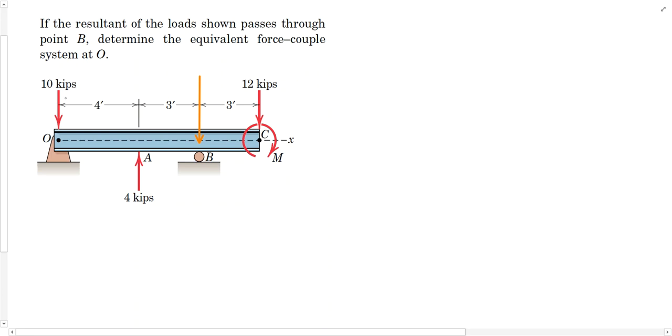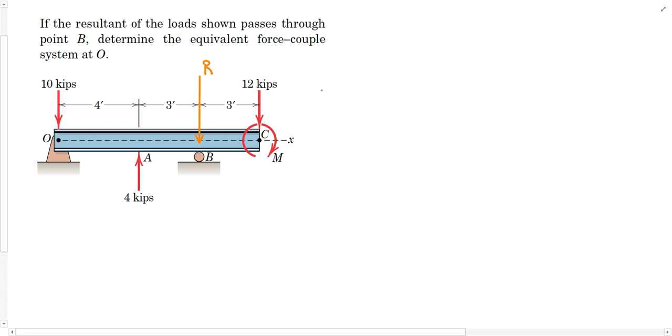And the equivalent to the downward 10 kip, the upward 4 kip, and the downward 12 kip loads, along with the applied moment, is a single force resultant that acts at point B. So since that force resultant, we can call it R, acts at point B, we know there's no moment at point B.